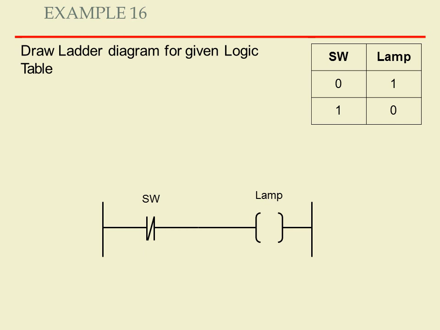Switch is 0 means we have not pressed the switch, we have taken the switch as it is. At that time the lamp is glowing. But when we press the switch, means logic 1, the closed contact will become an open contact. So power will not be supplied to the lamp and the lamp is off. So that is the condition 0.